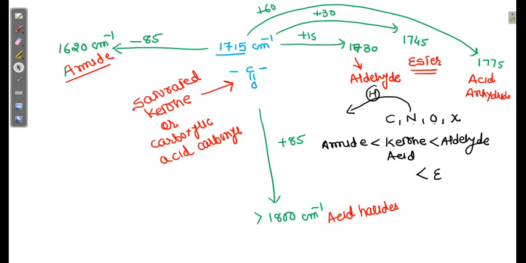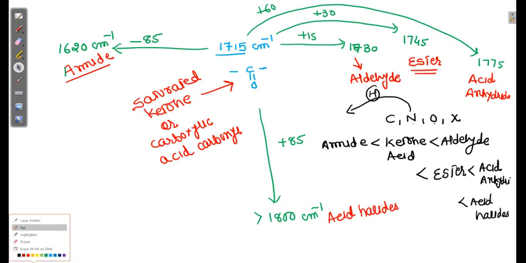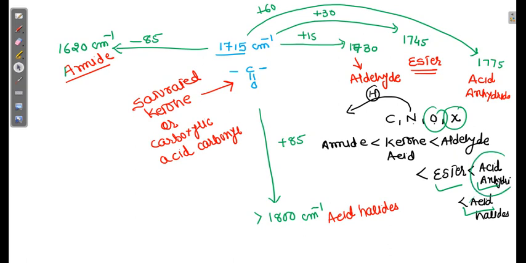Then we have ester, then acid anhydride, then acid halides. So simply, if we try to recall it in this way, the halogen has the highest value, then we have two oxygens in acid anhydride and ester; the one with the bigger name has the bigger value. Then ester, then acid is our milestone, then nitrogen is backward, the amide, so it will come here. In that way also we can remember.